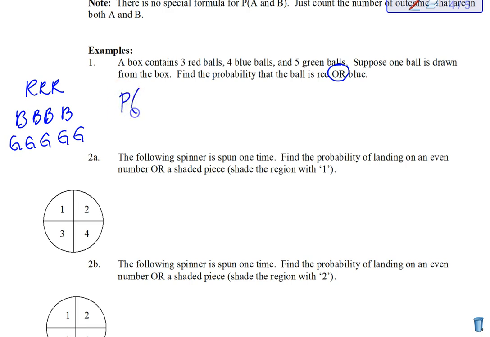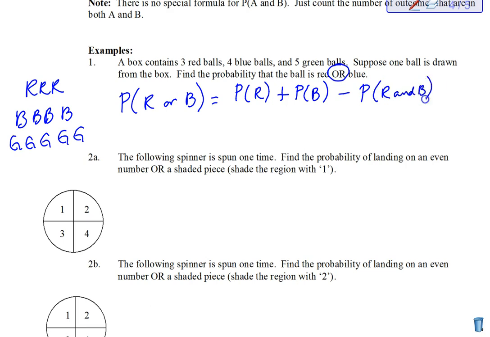I want the probability that we get a red or a blue. Well, by that formula, that would be the probability of a red ball plus the probability of a blue ball minus the probability of a red and blue ball, which there is no such thing. If they don't have that element in common, you don't have to subtract that out.